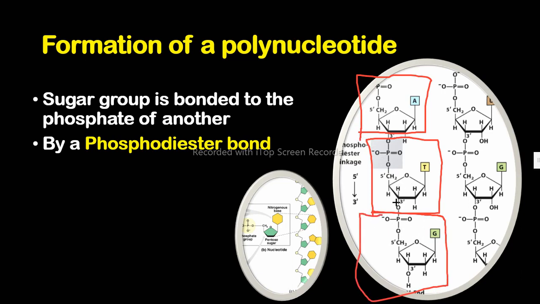You can have a look at how these nucleotides are joined together. They are joined on carbon number 3. The OH there condenses with the OH on the phosphate group of the other nucleotide, and the phosphate group joins on the nucleotide on carbon number 5. This one is carbon number 5.